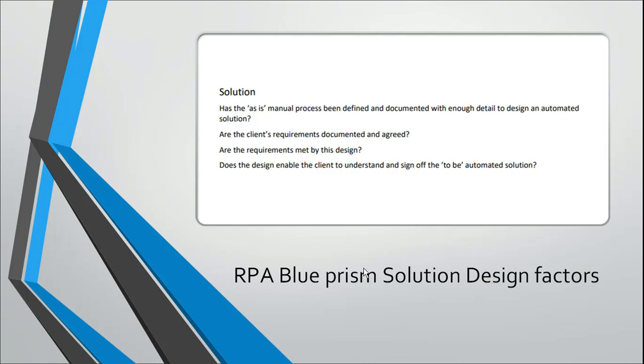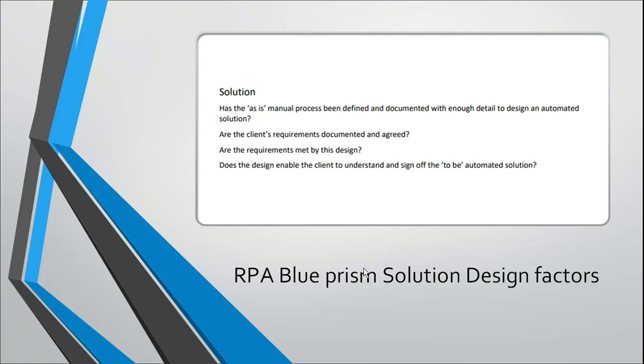Some of the automation tools, for example AA, BP and UiPath, have their own solution design formats. Today we can see how Blue Prism's solution designs have a template and factors on which they are designed.